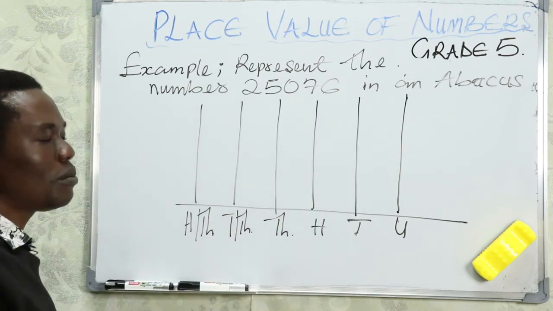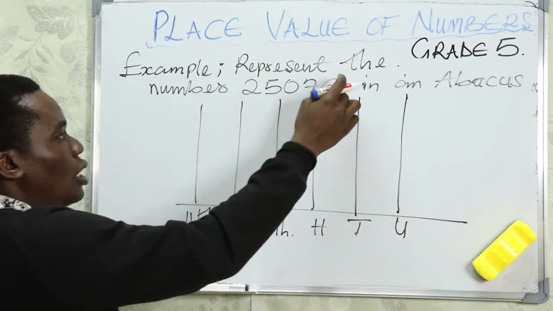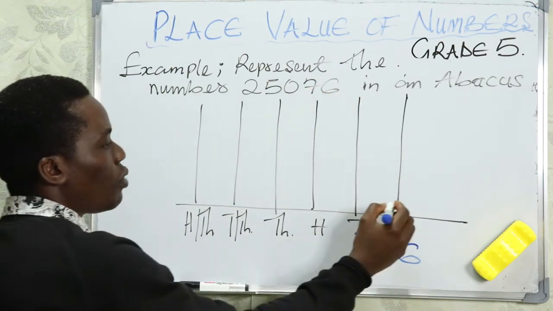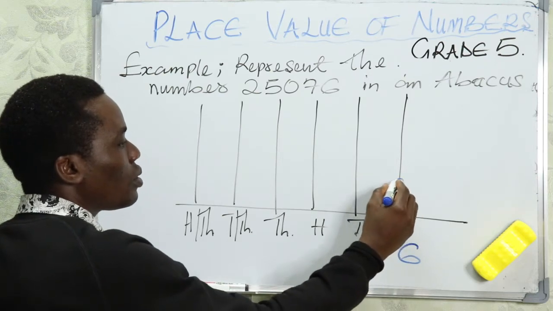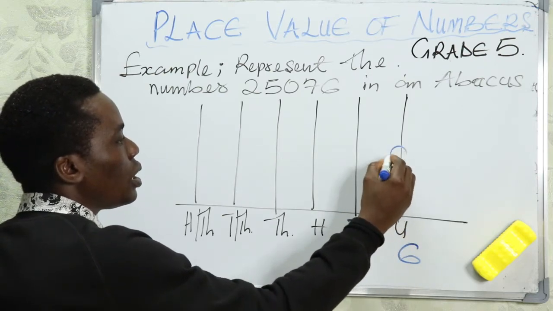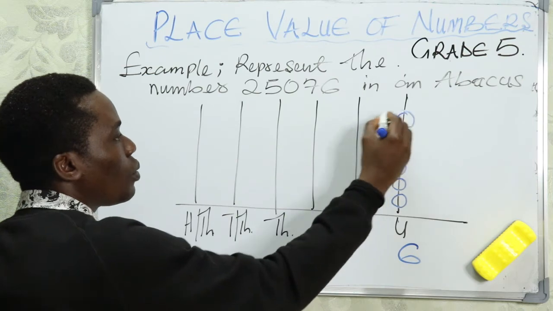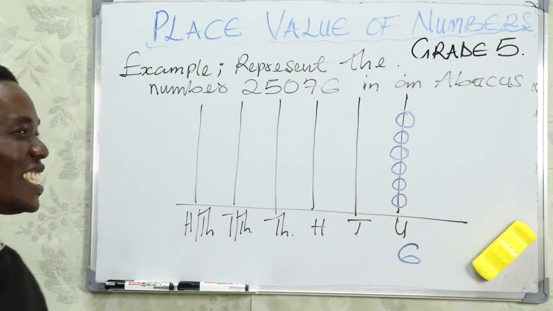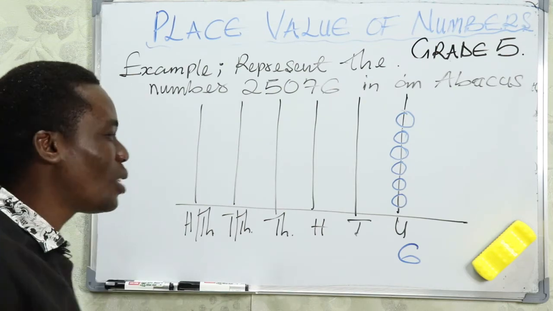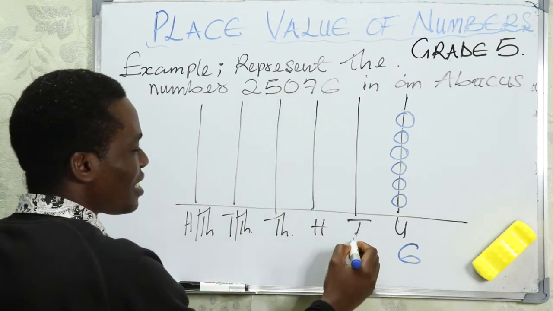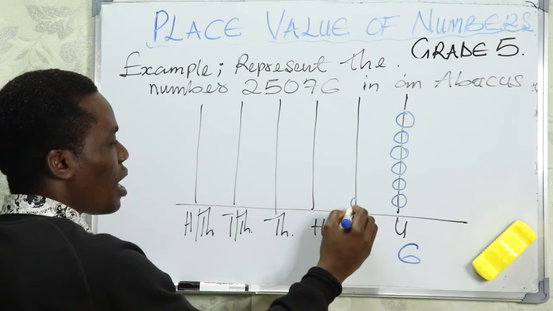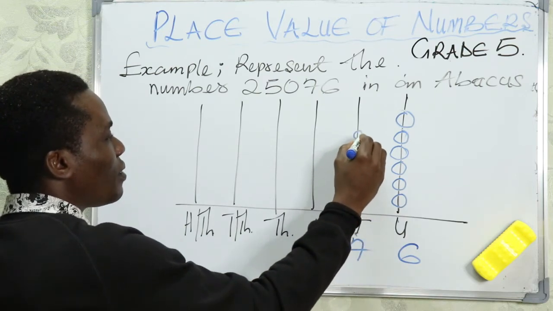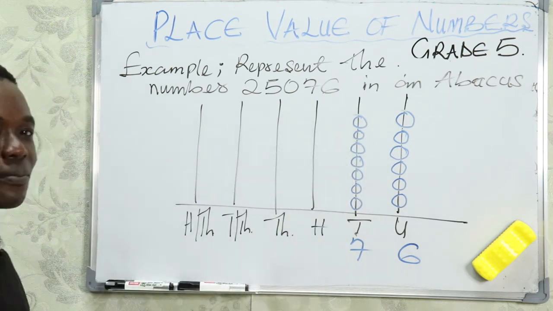We are going to start from the units part. So in the units, how many do we have? We have the 6 in the units. So if you place it in the abacus, we'll have 1, 2, 3, 4, 5, and 6. Are you following? Of course, this can be taxing, but I want you to look at this. In the tens part, we have 7. We have 1, 2, 3, 4, 5, 6, and 7.